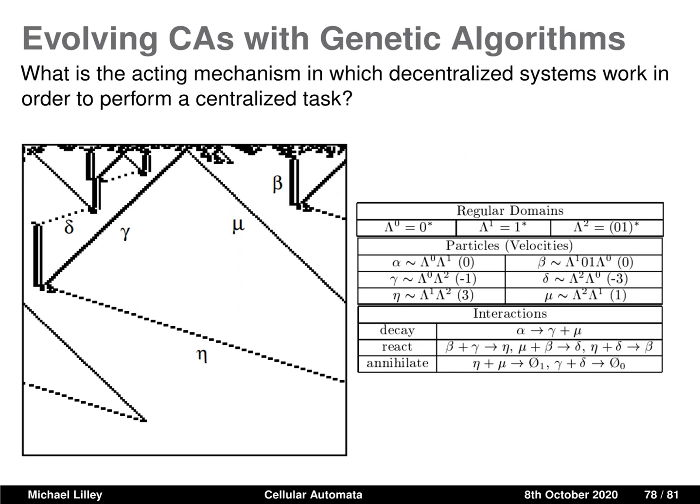For an example, consider the collision between the delta and gamma particles to the left. While these particles surround a regular domain of white cells, they collide and produce an eta particle which bounds a regular domain of black cells, the last line of which acts as the desired output of the automaton.